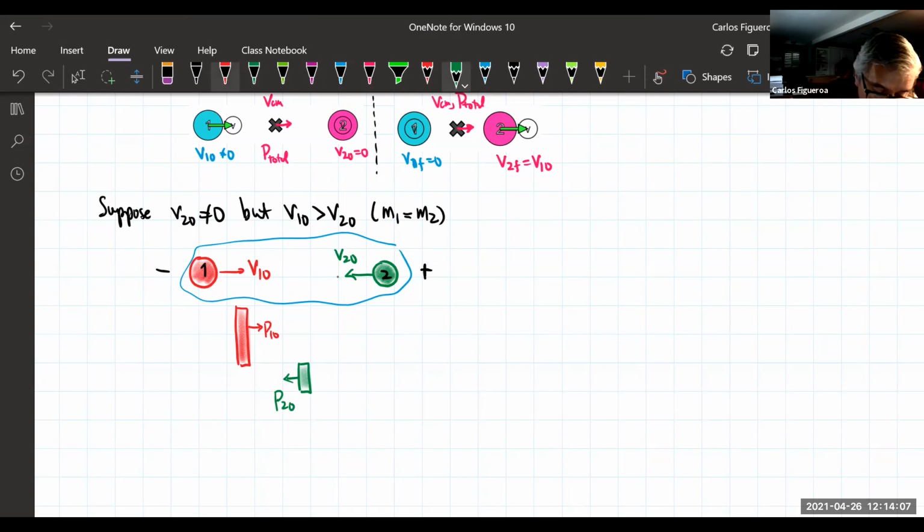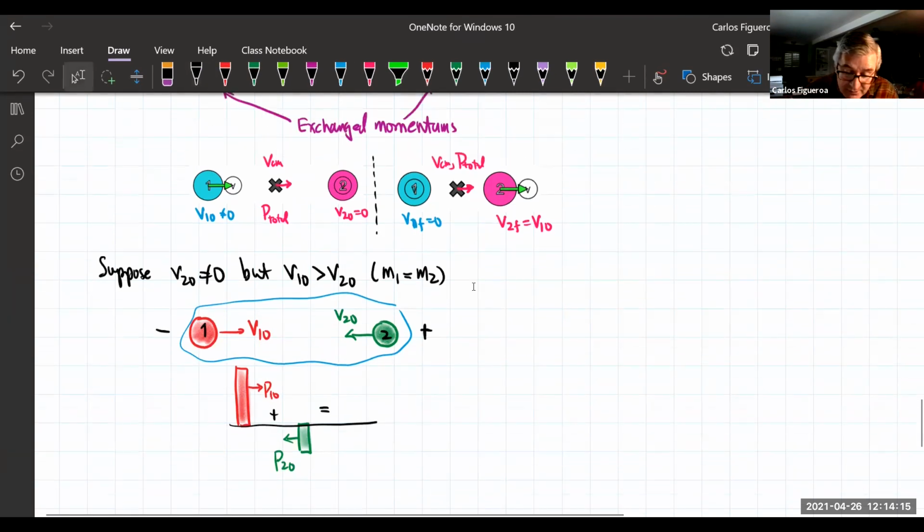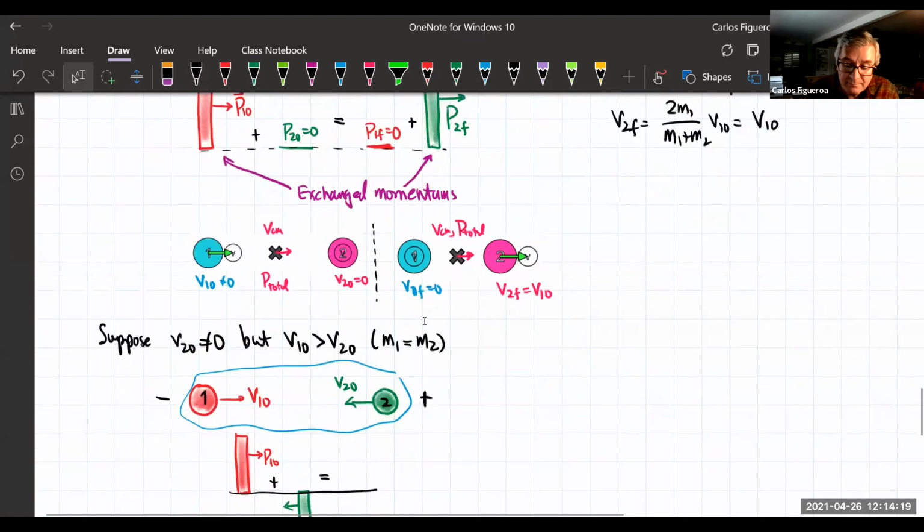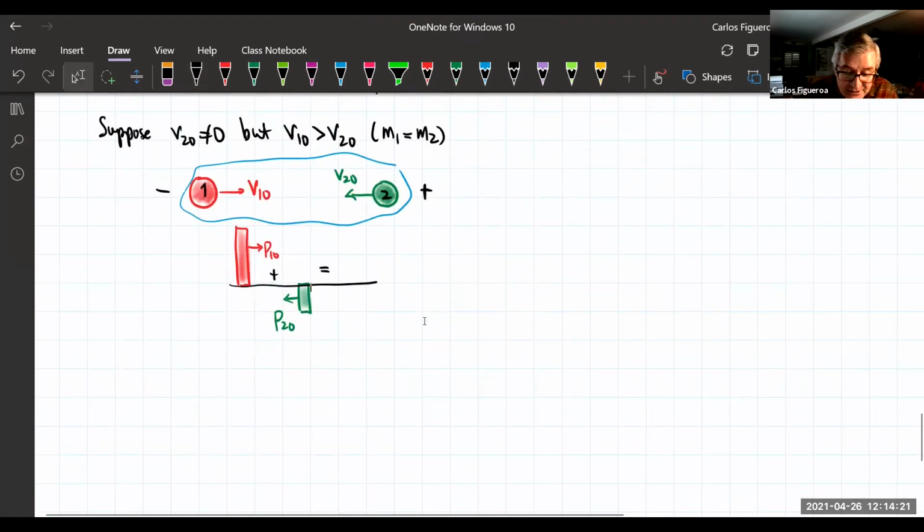So afterwards, what has to happen? Well, one of the things that I said up here is that there's an exchange in momentum. They exchange momentum.